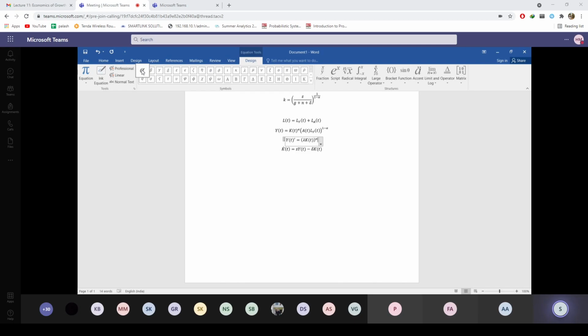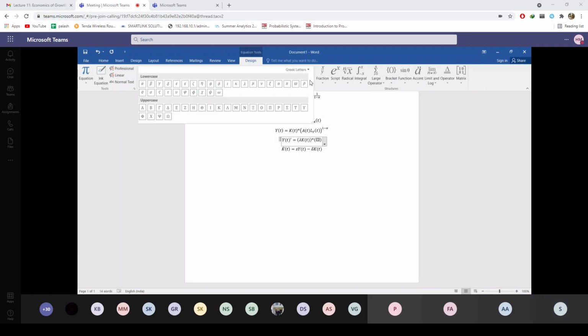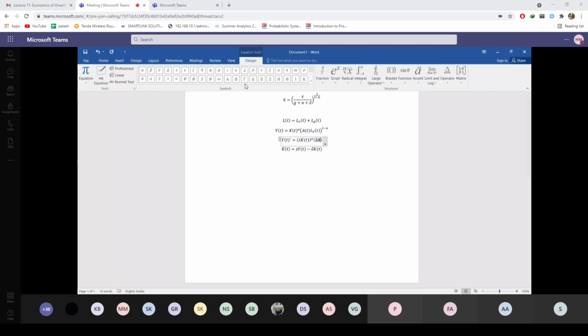Then lambda AT to the power 1 minus alpha, and in the bracket lambda LYT to the power 1 minus alpha.